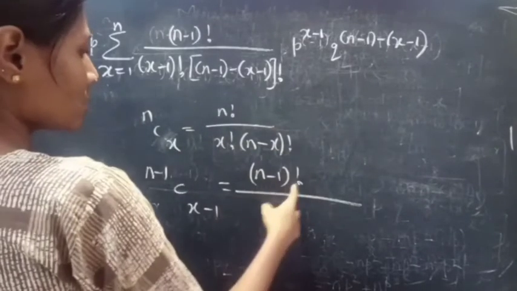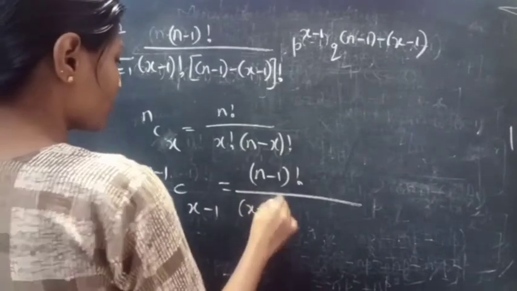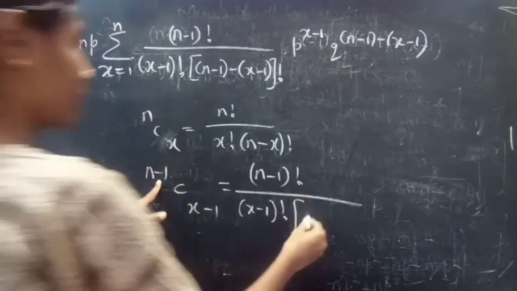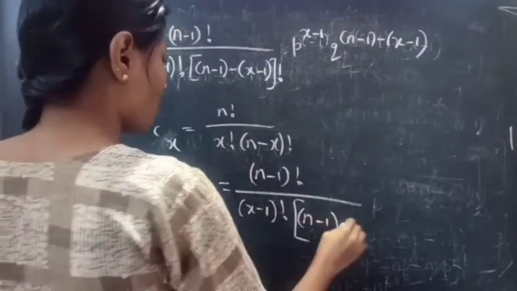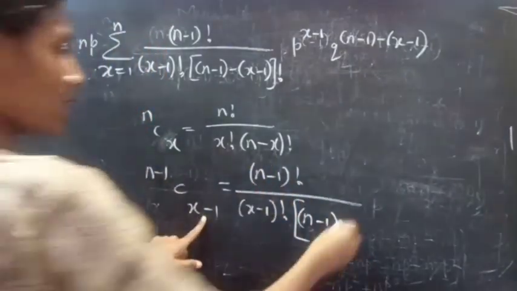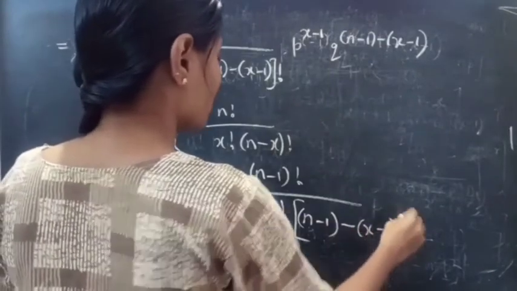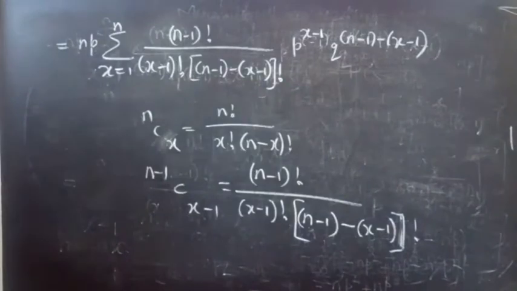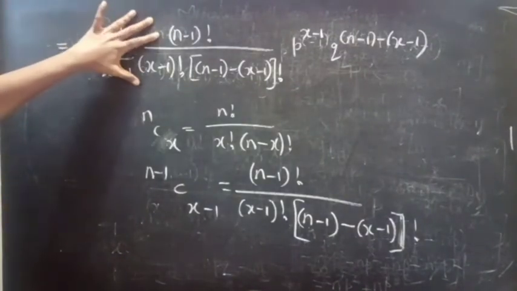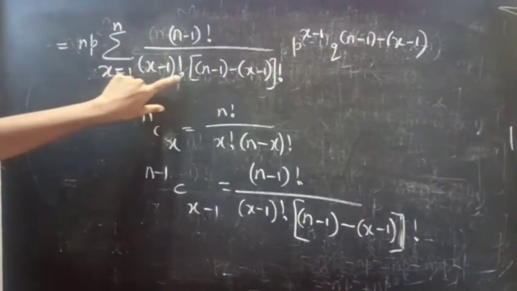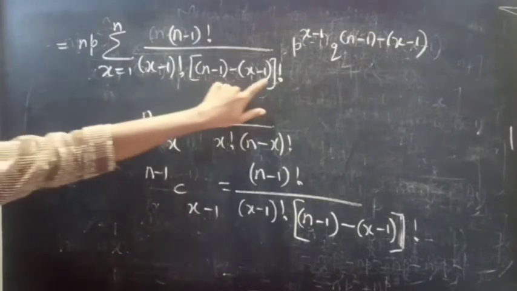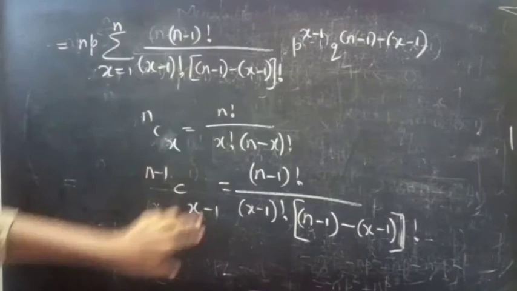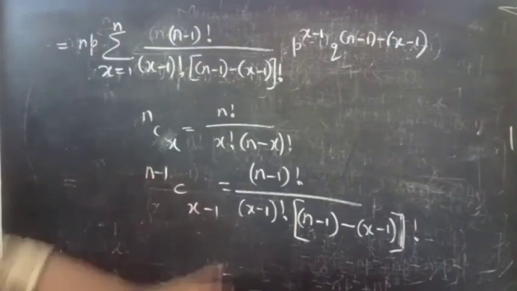So you'll get n minus 1 factorial by x minus 1 factorial into, in the place of n, you have to write n minus 1 minus of, in the place of x, you have to write x minus 1 factorial. Okay. So here you are having n minus 1 factorial by x minus 1 factorial into n minus 1 minus of x minus 1 factorial. So you can replace the total expression with n minus 1 C x minus 1.